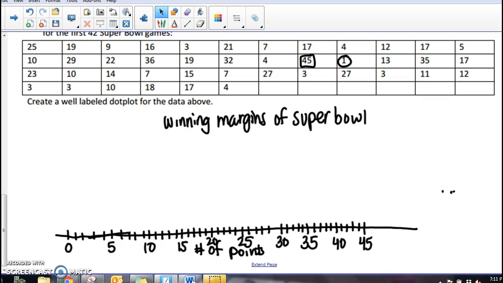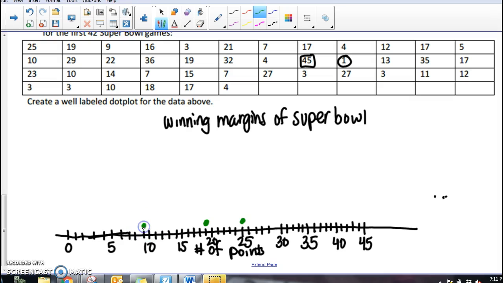Right, so we have our number line of 0 to 45, and then you just put a dot for every value in your set. So 25, 19, I'm going to make them about the same level, about the same size. I'm going to go across this way.